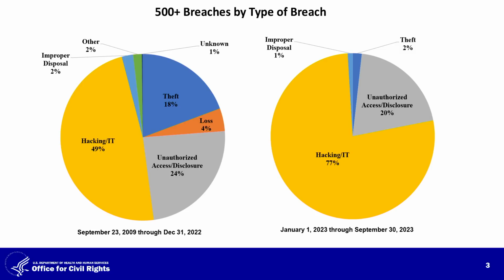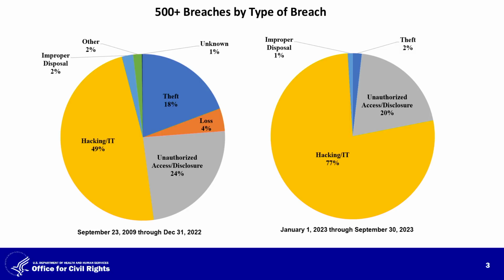Almost half, 49%, are attributed to hacking and IT incidents, but almost a quarter, 22%, were because of theft or loss. The chart on the right shows large breach report data for this year, from January through September of 2023.